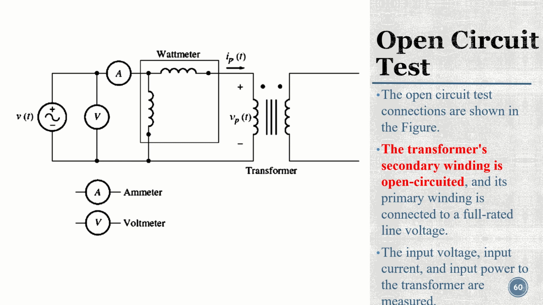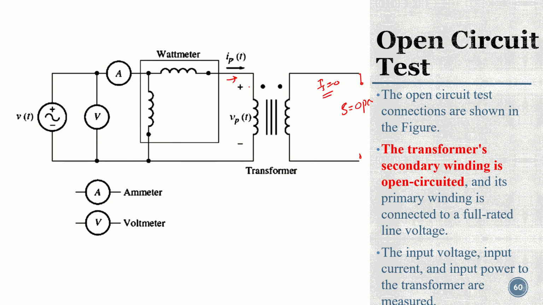So in the open circuit test, what we are doing is we are making the secondary side open. Okay, this is our secondary side, this is open. So it means no secondary current is flowing. But even if no secondary current is flowing, still the primary current will be flowing.